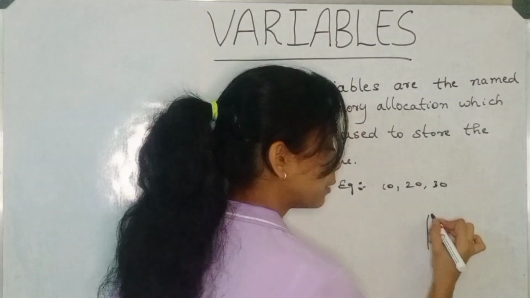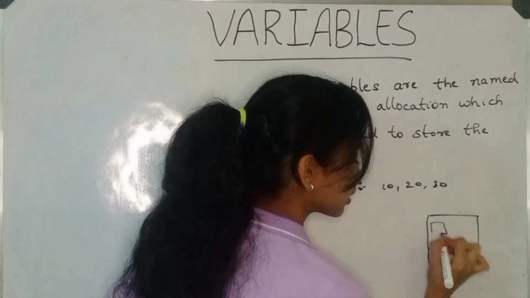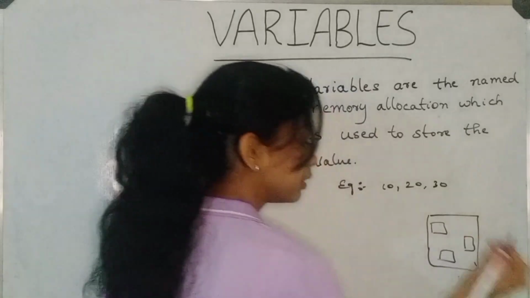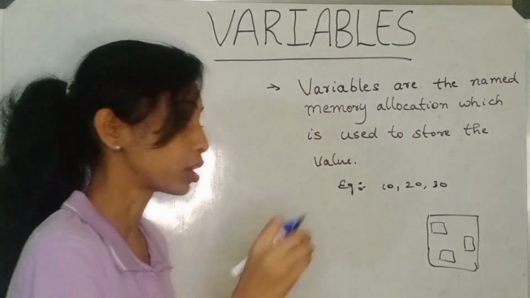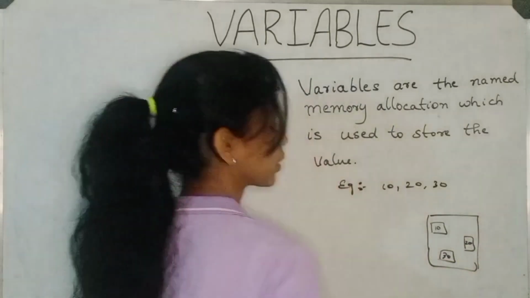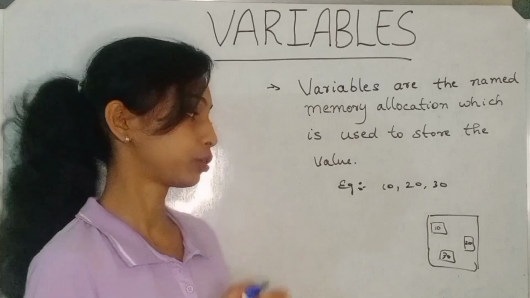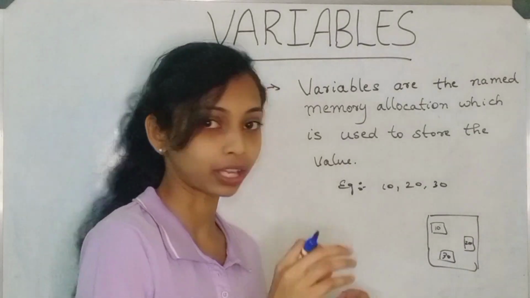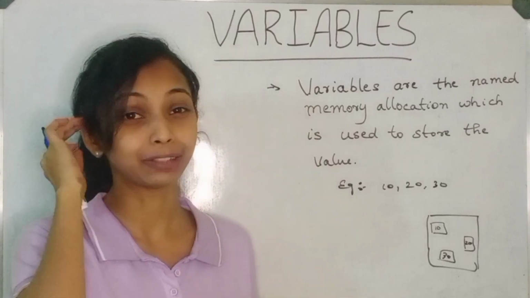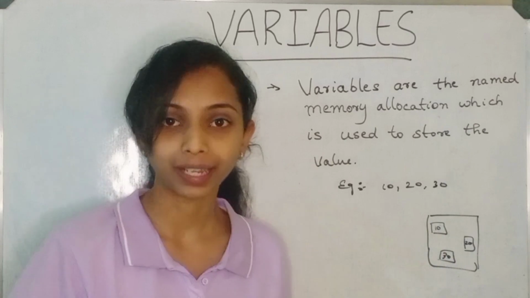So we have a memory space here, and the values 10, 20, 30 are stored inside the memory. Now it is very tough for a computer to go into the memory and check which location has the value 10 and take it up. It is very difficult for the computer to access the values in that way if the memory has not got any name.